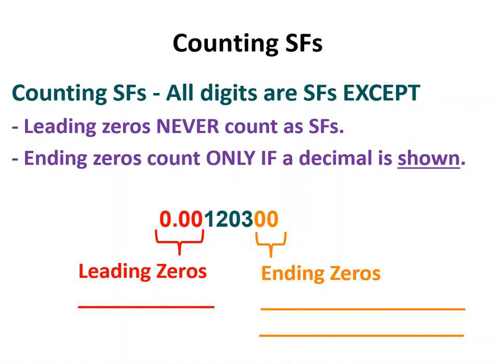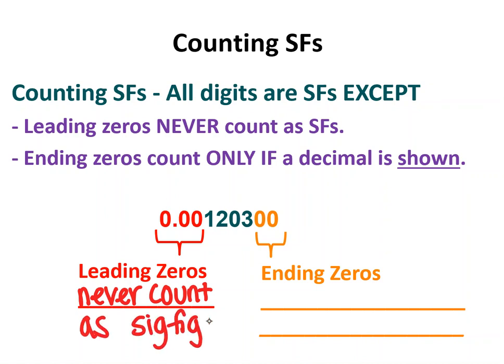So the skill we need to have is to be able to look at a number and count how many significant figures it has. And so the rule is the leading zeros never count. And the ending zeros count only if a decimal point is shown.